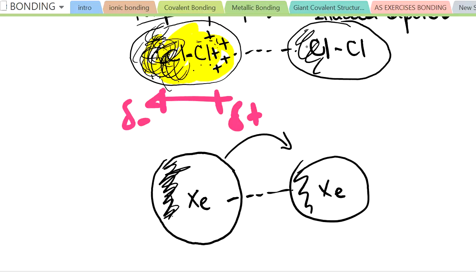That is the only explanation that we have that we can liquidify a gas that is nonpolar. That is, yes, nonpolar. Okay?